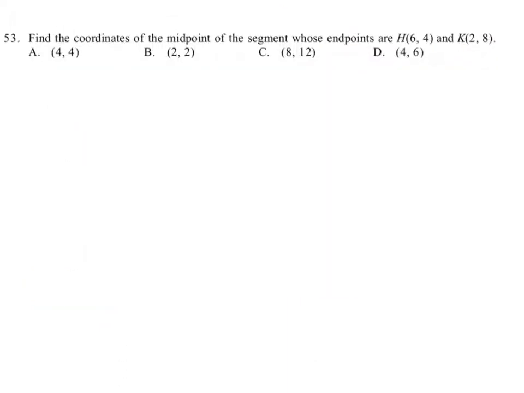Same idea: find the coordinates of the midpoint of the segment whose endpoints are given. We don't have it on the graph, but we've got the same idea where we take these points. Let's call the point for h x1 and y1, and the point for k x2 and y2.